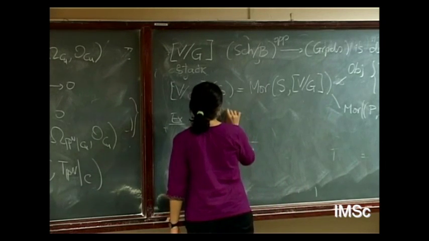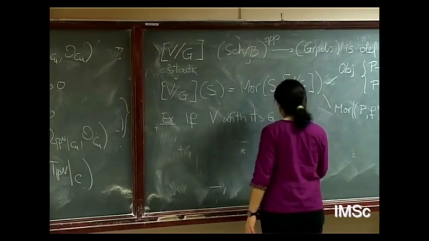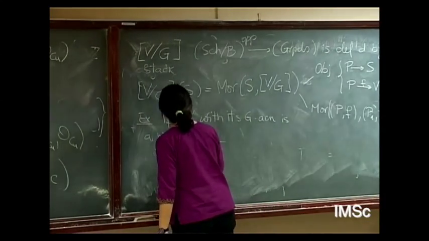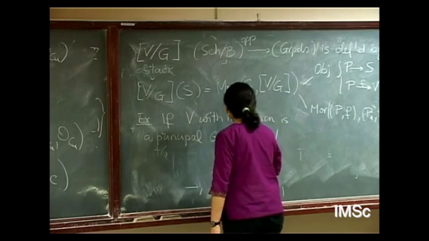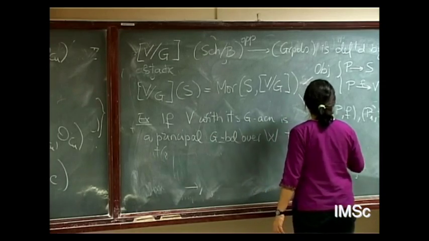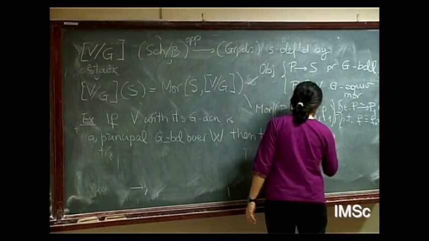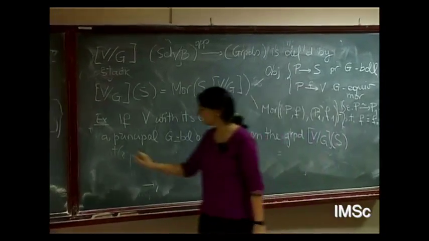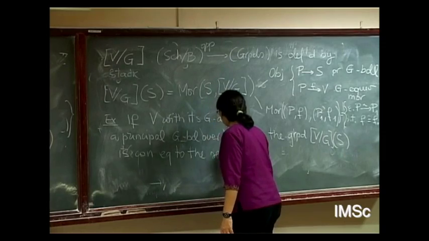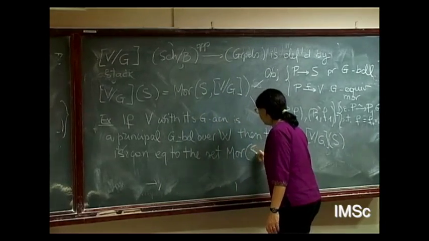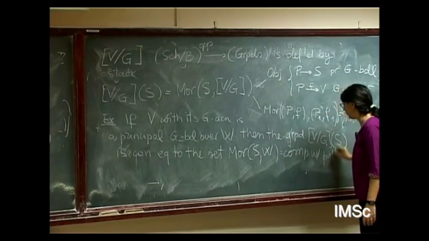If V with its G action is a principal G-bundle over W, then the stack, the groupoid V mod G of S, is canonically equivalent to the set of morphisms from S to W, compatibly with pullback.